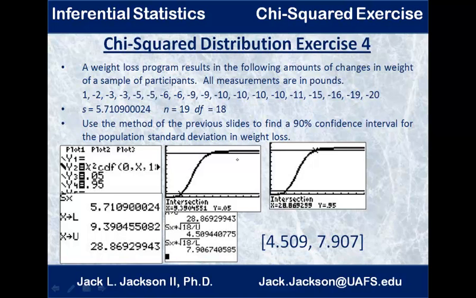May have to experiment with my window a little bit. Let's think about this a minute. 18 is the degrees of freedom. We know the mean is 18. The mode and median are a little less than that. The mode's actually at 16. The median is somewhere between those two.